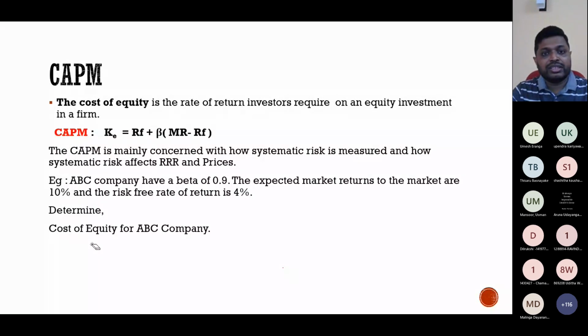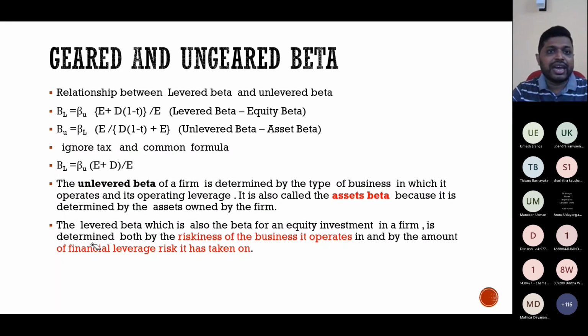The next one is about the gearing and ungearing situation. Geared and ungeared beta are similar to how you calculate asset beta and equity beta. The unlevered beta, or asset beta, of a firm is determined by the type of business in which it operates and its operating leverage. It's called asset beta because it is determined by the assets owned by the firm.